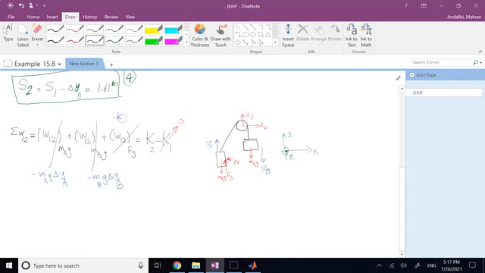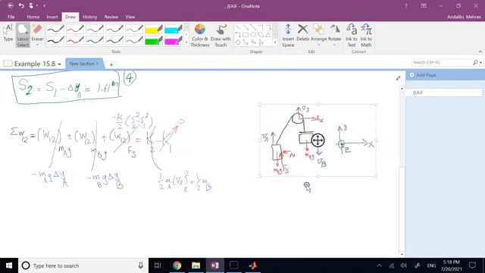Negative k over 2, where k is the constant of the spring, times S2 squared minus S1 squared, where S here is the elongation, right? And as I told you, in this case, K is going to be 1/2 of the mass of each block times the velocity of the block, in that situation squared. Okay, seems like I need to keep shifting this FBD further and further to the right.